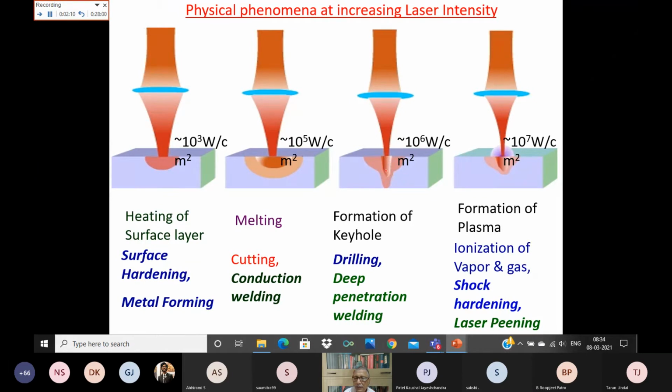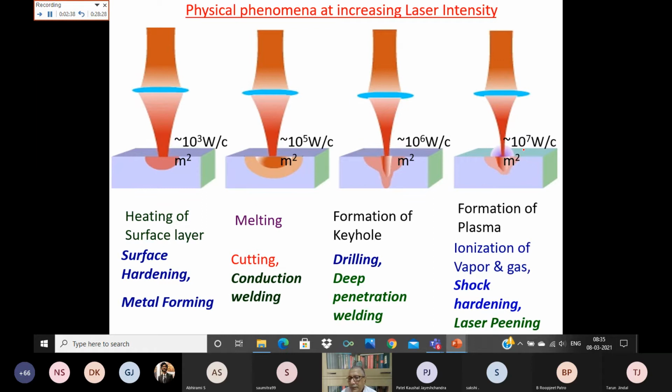Molten material is going to be pushed towards the wall because of the pressure of the vapor, and that is going to create a keyhole in the metal, and this effect of the keyhole is used for the drilling effect as well as the deep penetration welding effect. So we'll try to understand these processes in more detail when we go for drilling and welding process.